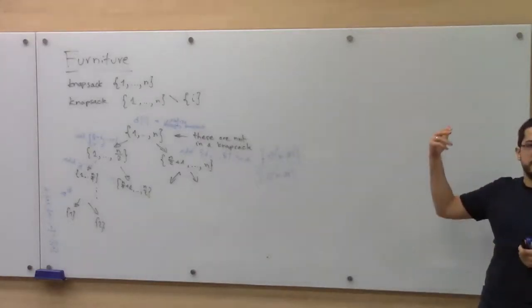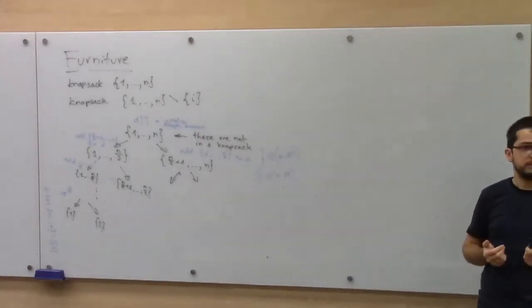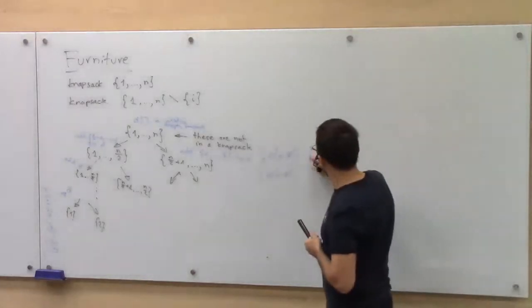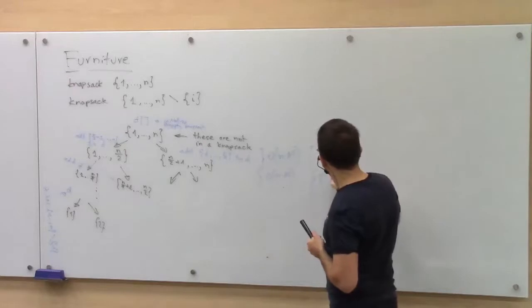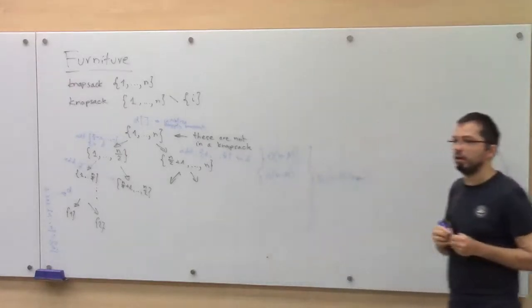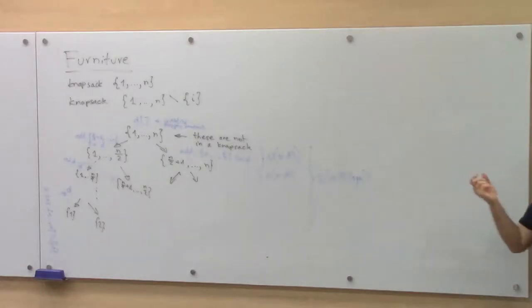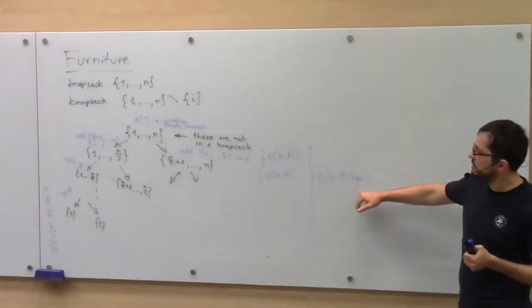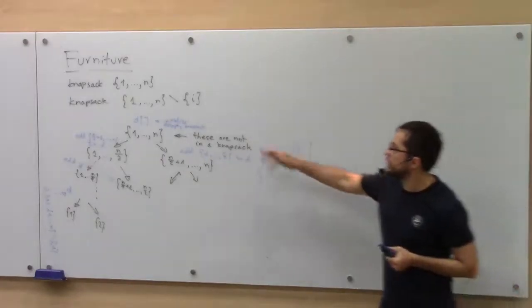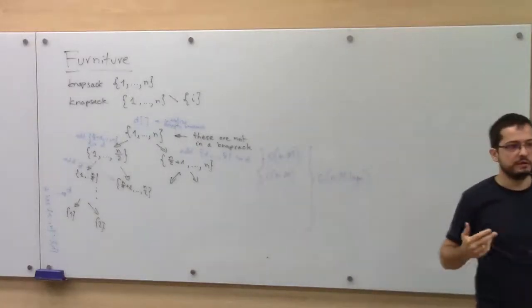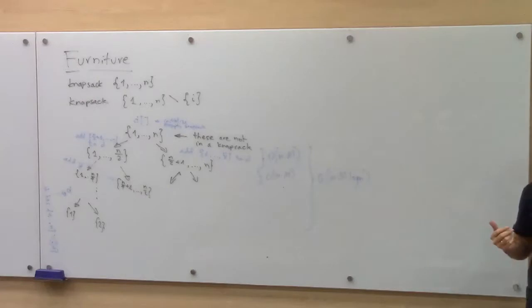And what is the height of the tree? It's logarithmic. So in total, we will use n times logarithm n times m to calculate all of the knapsacks without one element. It looks better than calculating them from scratch, because then we would use n squared times m.